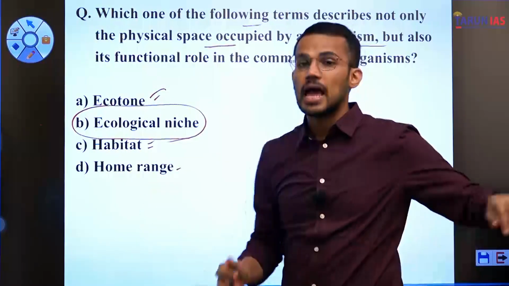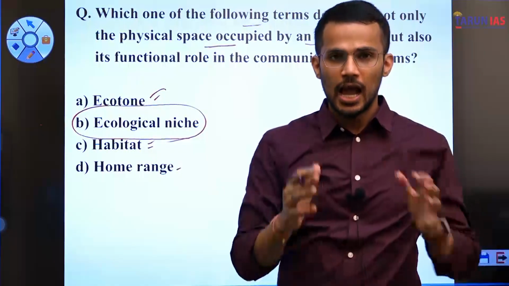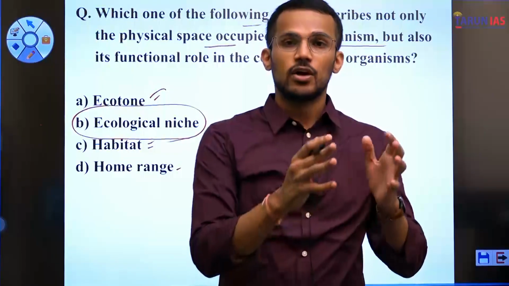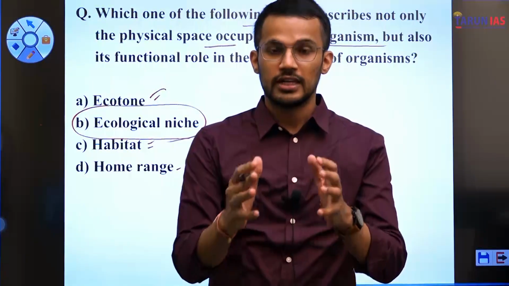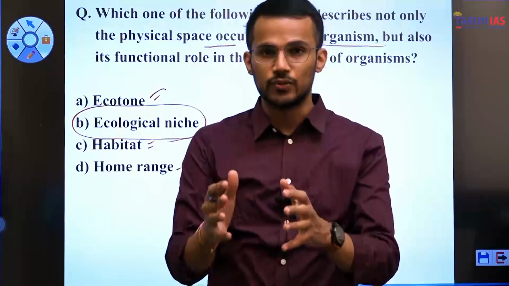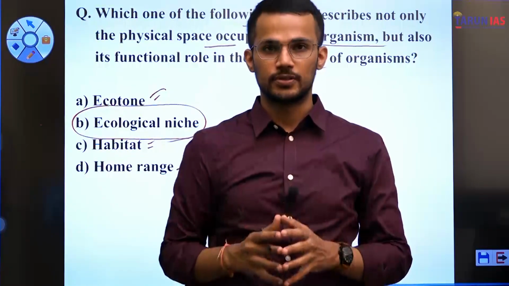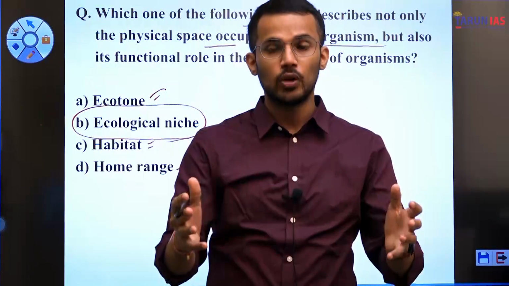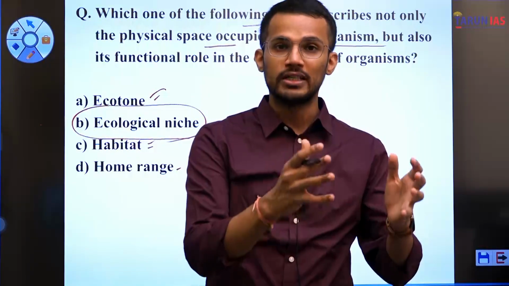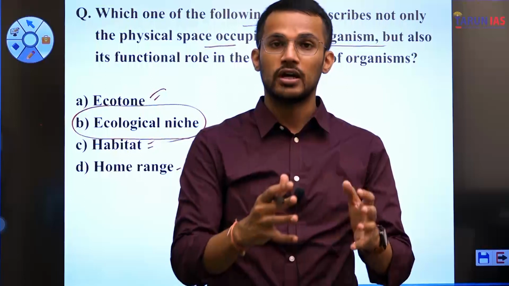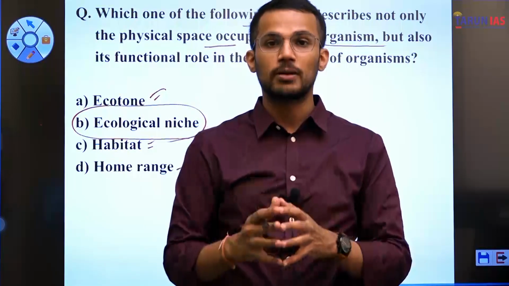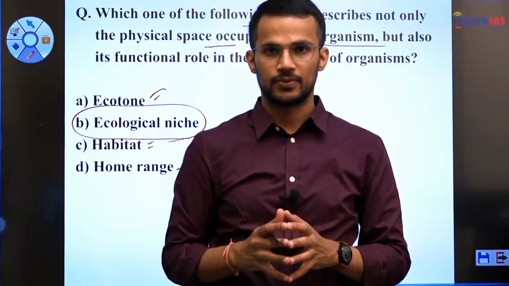Third term is habitat. Habitat is the location in which we will be able to find the species. For example, polar bears will be found in polar locations or locations which are occupied by glaciers.